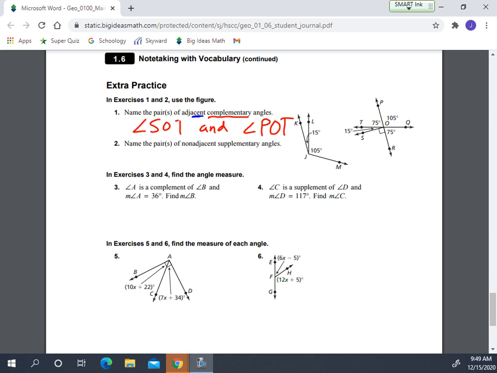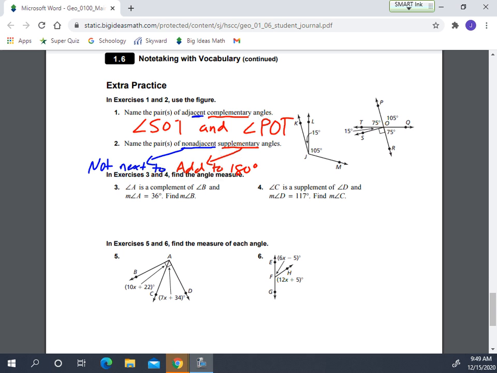Next, we have the name of the pairs of non-adjacent. Okay, if adjacent means next to, what does non-adjacent mean? That means not next to. Okay, and then supplementary. Supplementary means add to 180 degrees.